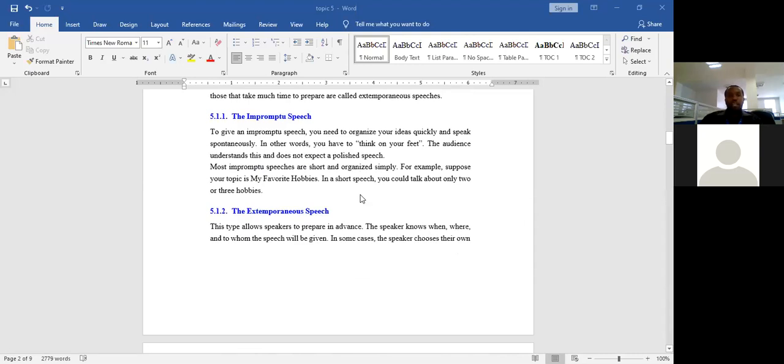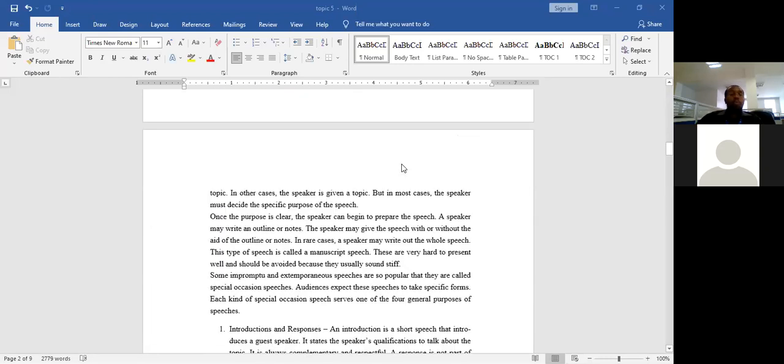The extemporaneous speech allows the speaker to prepare in advance. So the speaker knows when, where, and to whom the speech will be given. In some cases, the speaker chooses their own topic.